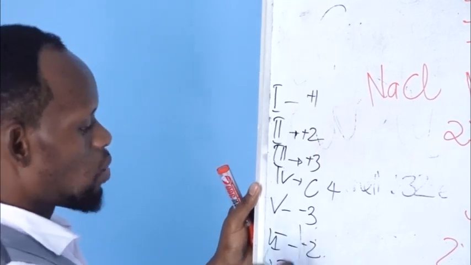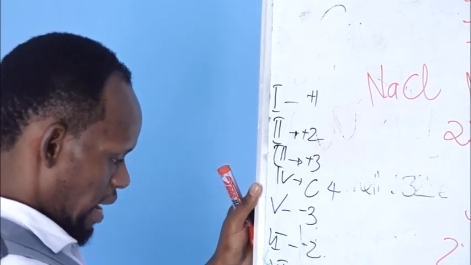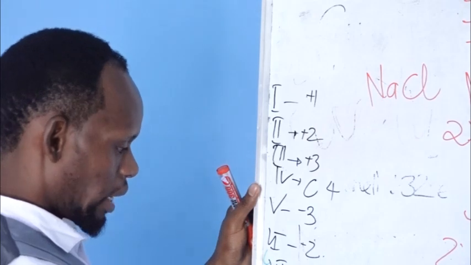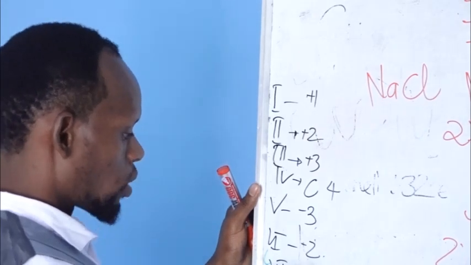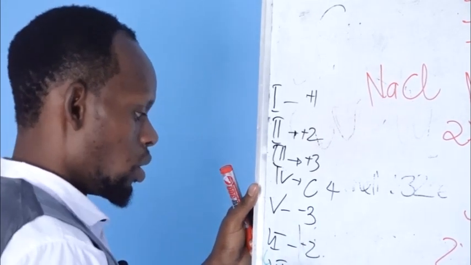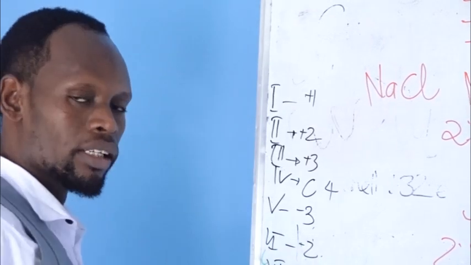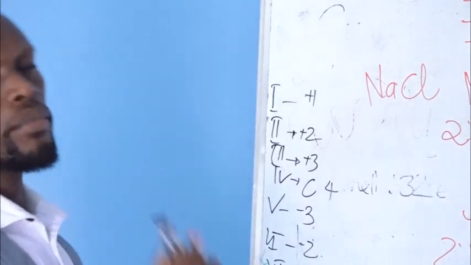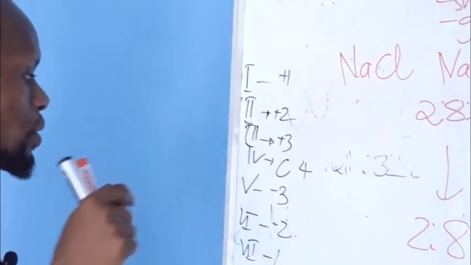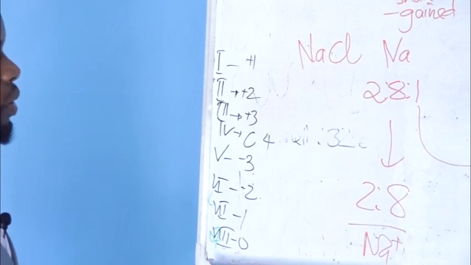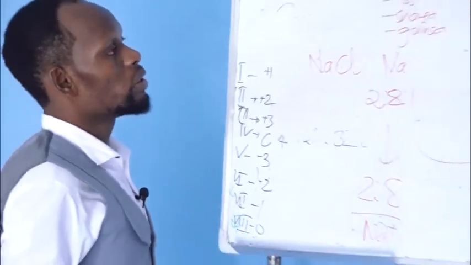Why? Because they gain 1. Group 8, they are stable. They don't need to gain anything, so their oxidation number is 0 and the valency is 0. That's why group 8 is called group 0.